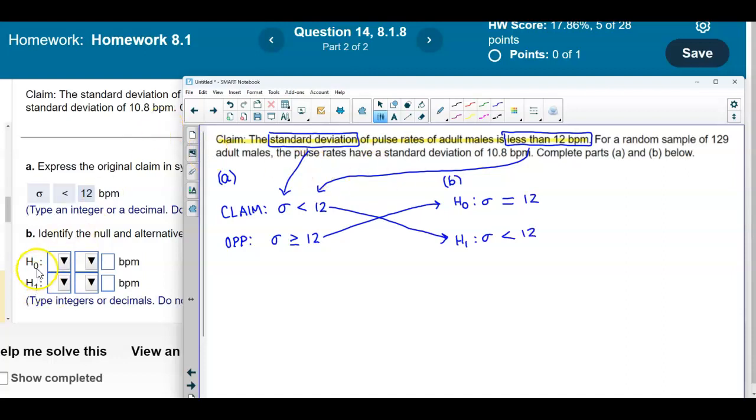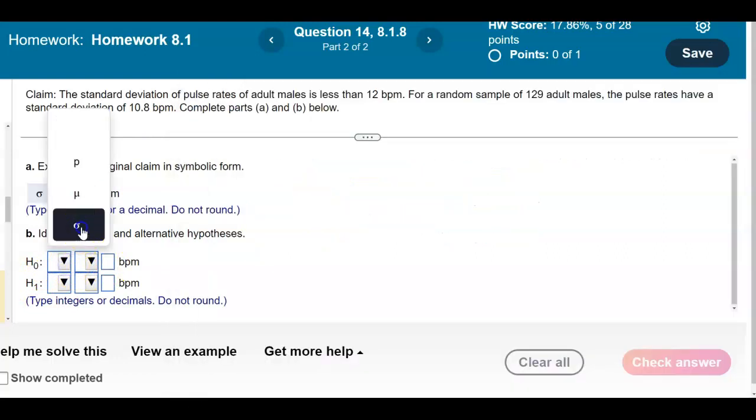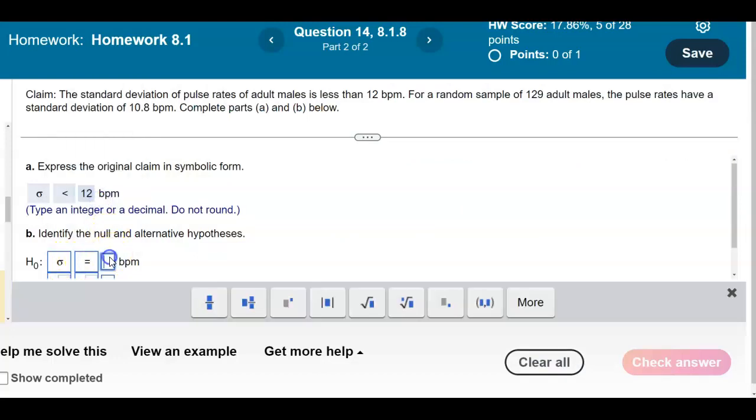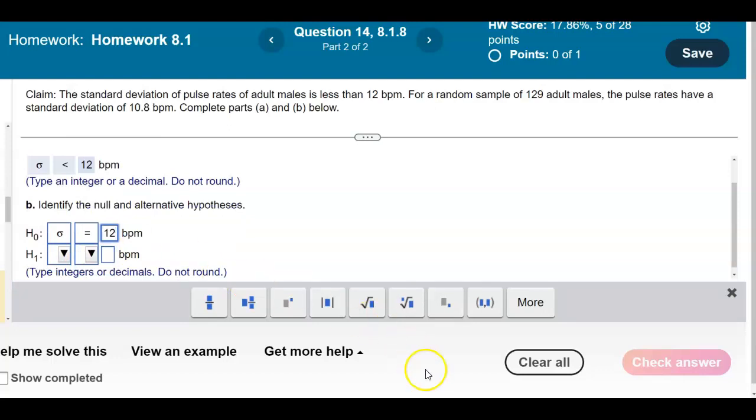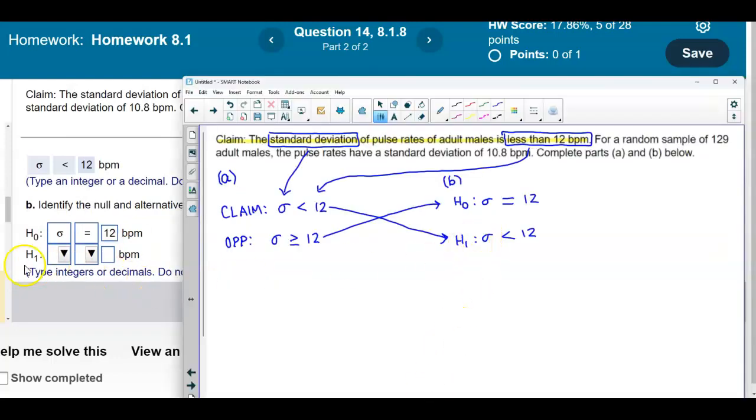Again, for the null hypothesis, we're going to have sigma, which is the standard deviation symbol, equal sign, and then 12. And then the alternative hypothesis is going to have sigma less than 12.